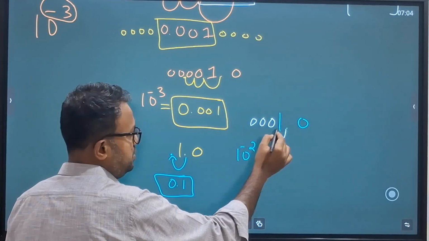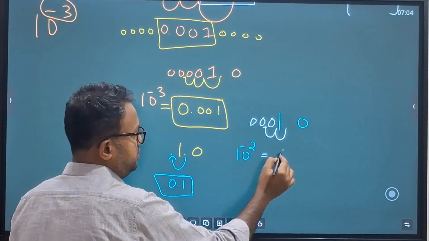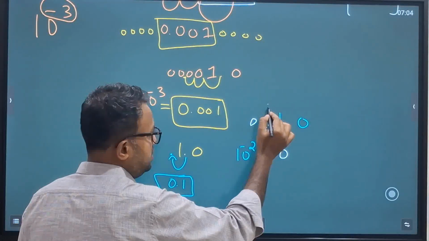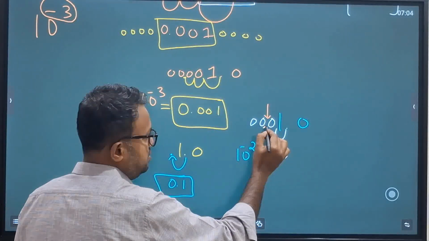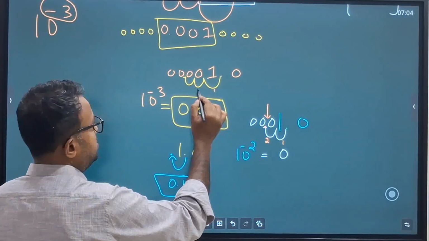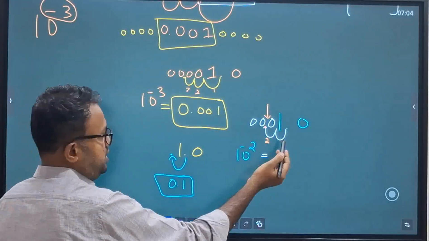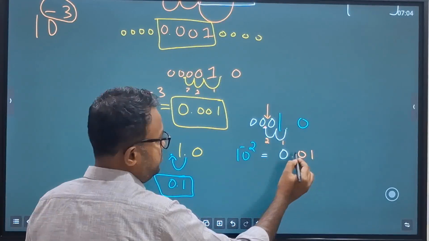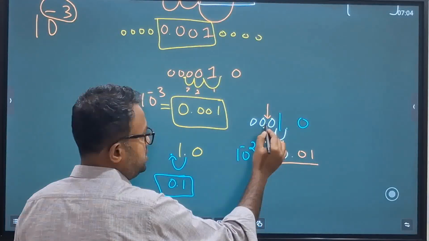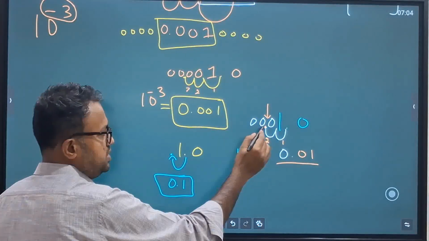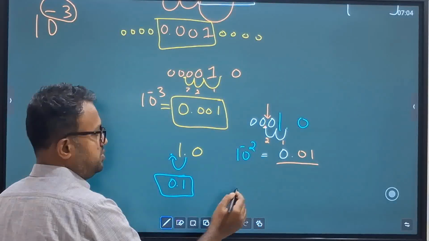You come here 1, 2. Carefully observe, now the point is here. Now it is 0.01, after 2 steps backwards.